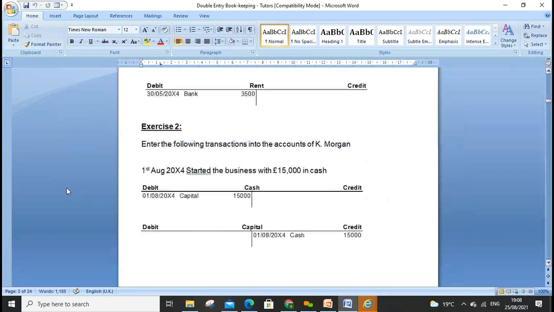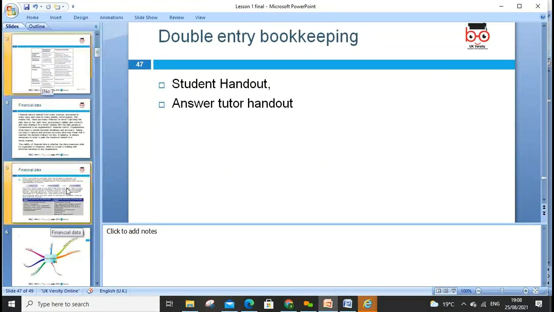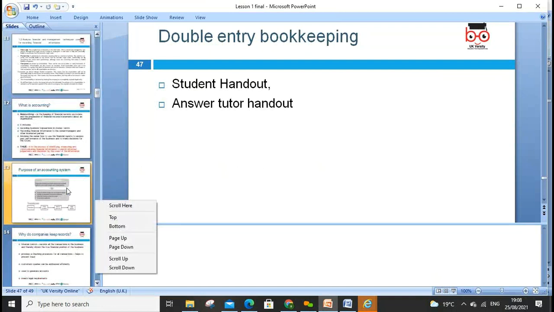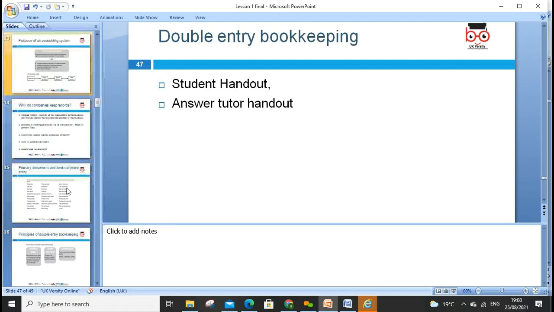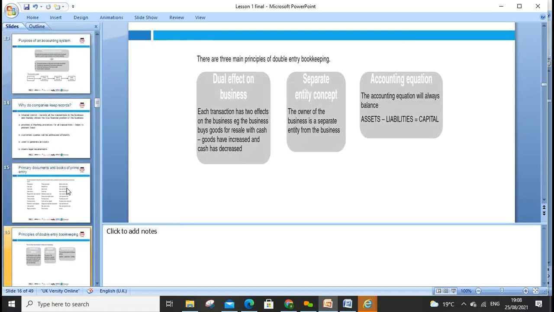Look at the double entry bookkeeping, look at the questions before the next lesson, and put the rules in your head. Make sure you remember the word DEAD CLIC. What is a debit and what is a credit? When accounting starts with a transaction, what are the books of prime entry?